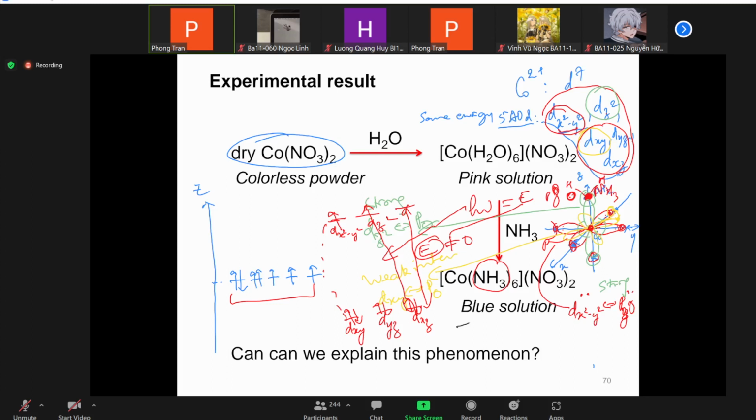So you will have now dxy, dyz, dxz, and then you have the splitting of dx²-y² and dz² with a larger Δ. That means the splitting Δ with NH3 will be larger than Δ with water. So you see that they will absorb different photons. Okay, is it clear?